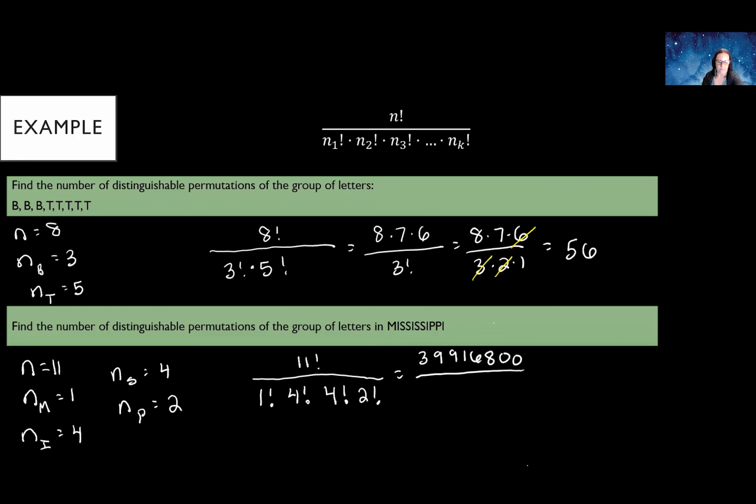Well, that 11 factorial, that's an ugly number. Now 1 factorial is 1. 4 factorial is 24. And 2 factorial is 2. So we're dividing this ugly number by 1 times 24 times 24 times 2.